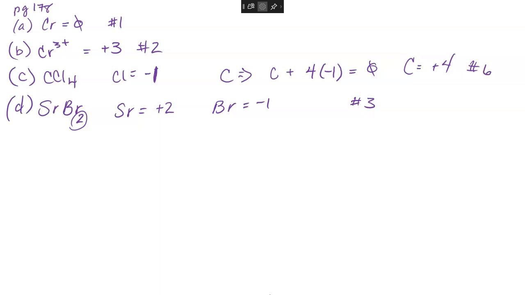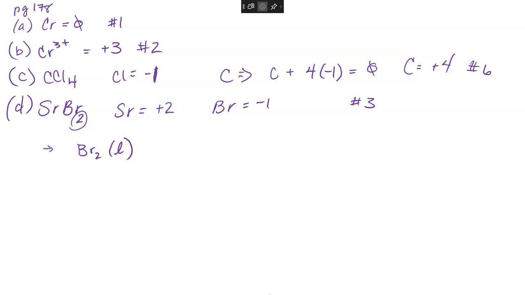Does that make sense, Kinsley? Yeah, that does. So if it's by itself, you would assign it 0. So if I had a different one where I said Br2 liquid, just bromine, if it's by itself, you assign it 0.